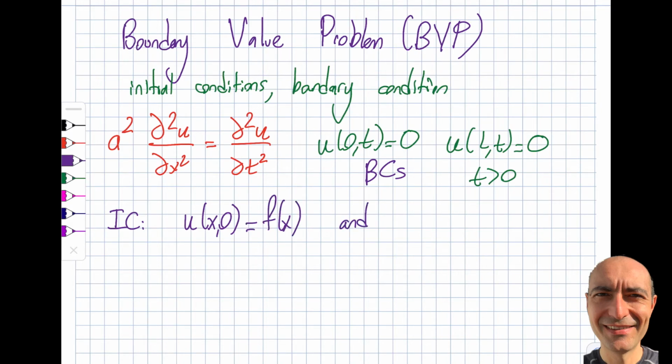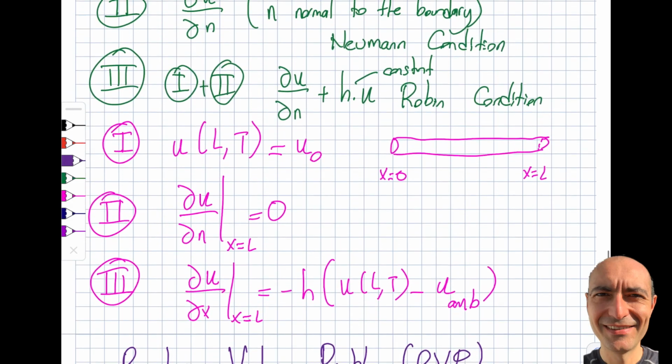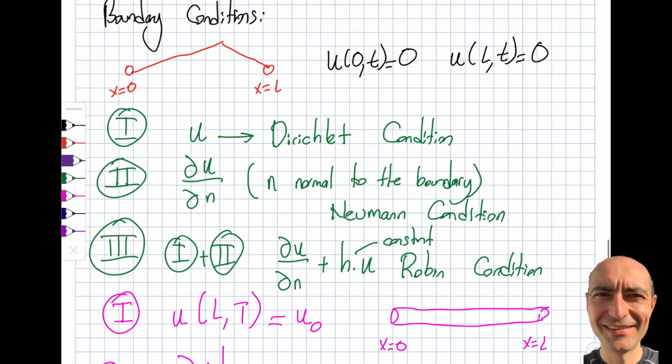And I need to give one more. Let's say that del u del t at t equal to 0 is equal to g of x. I also talked about this as well. Let me go up here instead of redrawing it. At the initial time, it's called a plucked string for a reason.